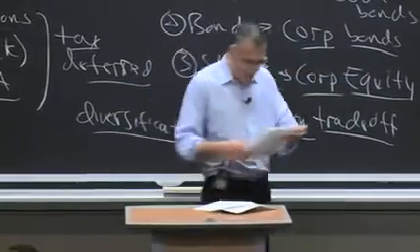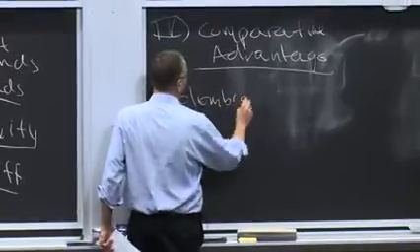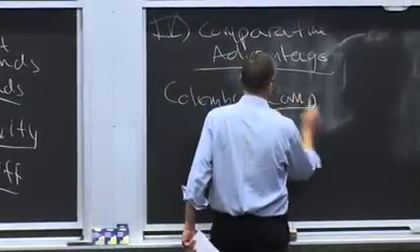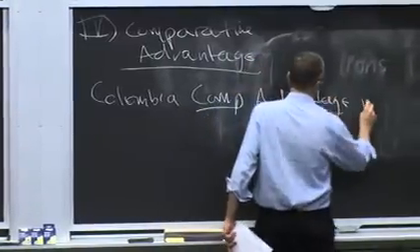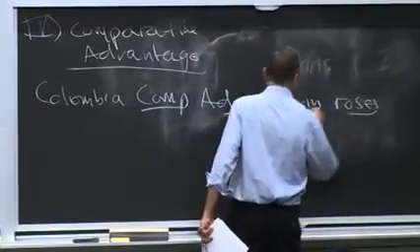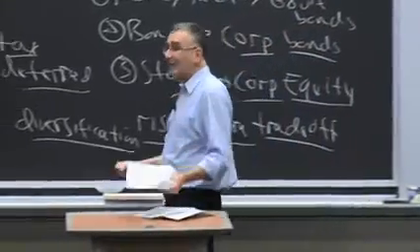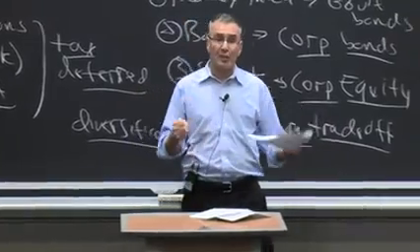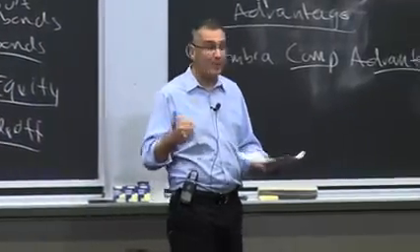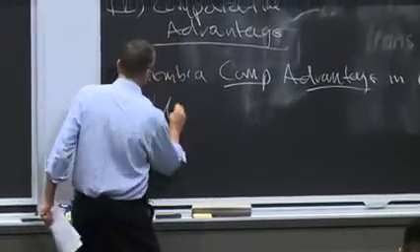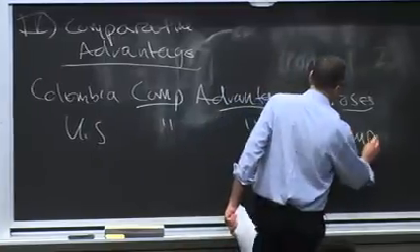So we say that Colombia has a comparative advantage in roses. It is relatively cheap for them to produce roses compared to computers. The opportunity cost in terms of foregone computers is lower. Whereas the US has a comparative advantage in computers.